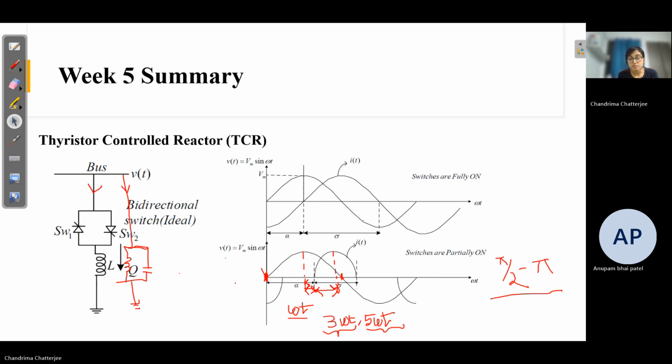This angle is alpha minus pi by 2 and then plus sigma by 2.